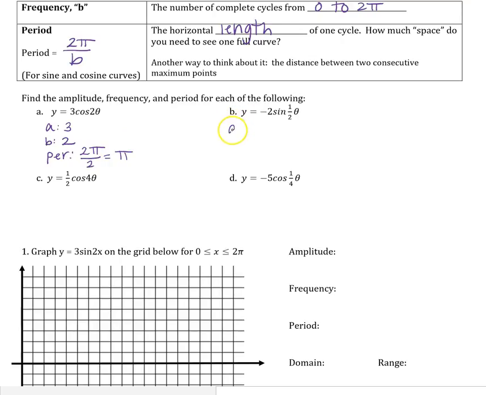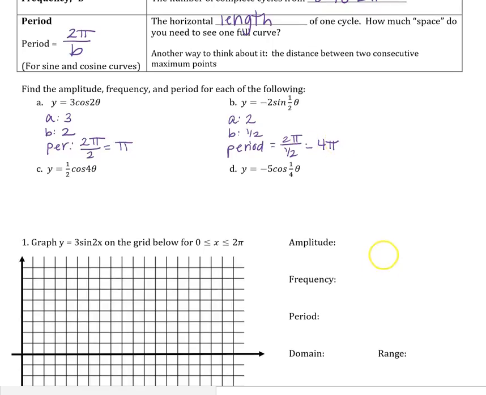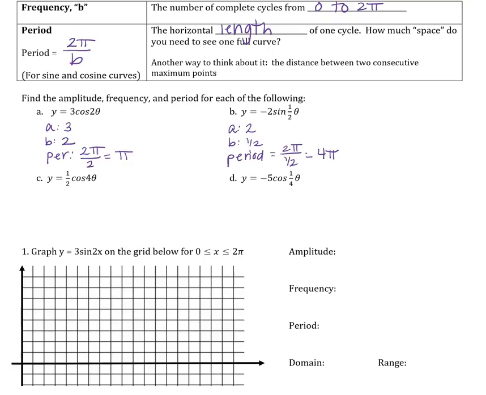Okay, over here at B, again, make sure your amplitude is positive. It's not going to be negative 2. That just tells me there's been a reflection in the x-axis. My frequency is 1/2. So the period will be 2 pi divided by 1/2, which is the same thing as multiplying by 2, so 4 pi. Okay, got a couple more examples here. y equals 1/2 cosine 4x, amplitude's 1/2. Frequency is 4.